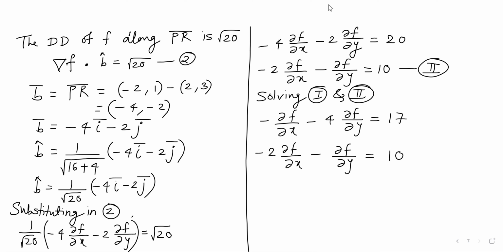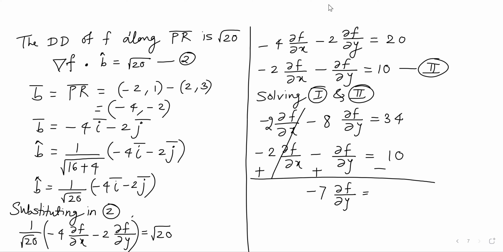So I'll multiply the first equation by 2. So we'll get 2, and this value will be 2 fours are 8, so this is 8, and 17 twos are 34. And now you will subtract this, so this will get cancelled, and here minus 8 plus 1 is minus 7.